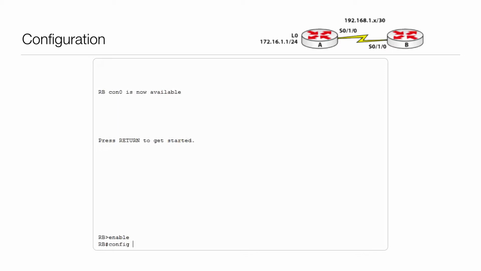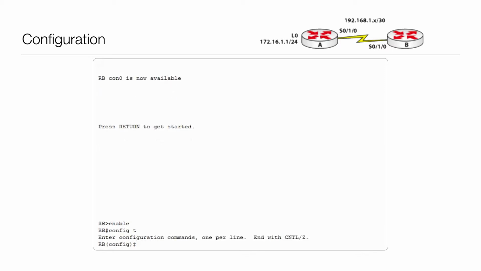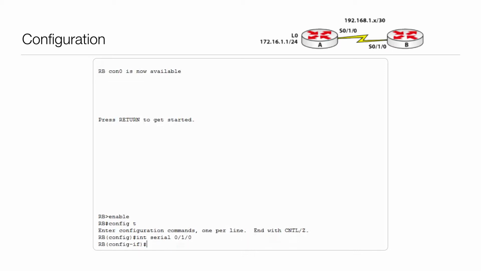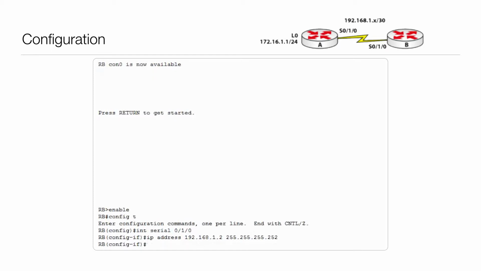So enable, config t. So I've told the serial interface its IP address and subnet mask.